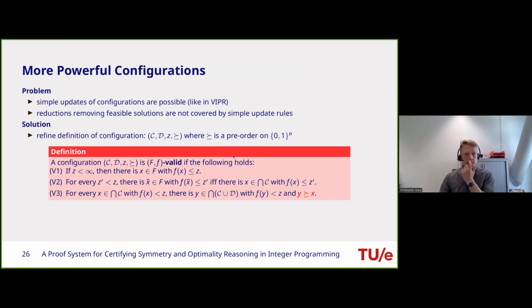And they suggest to slightly manipulate the definition of these three requirements, namely in the last step, that when I'm looking for a solution that does not only satisfy the core constraints, but the core and derived constraints, that I then also need to make sure that this alternative solution Y improves upon X or does not get worse than X with respect to this pre-order.